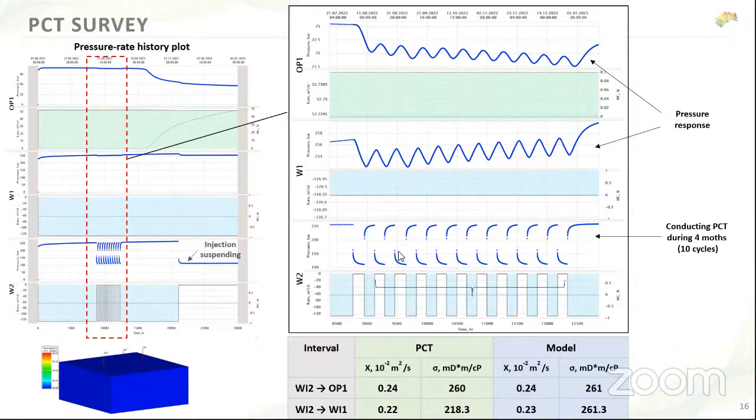But still, 75% of the PCTs are done with the injector well as a generator well, due to economic reasons.